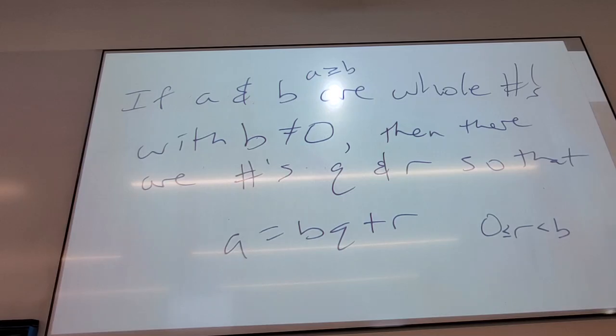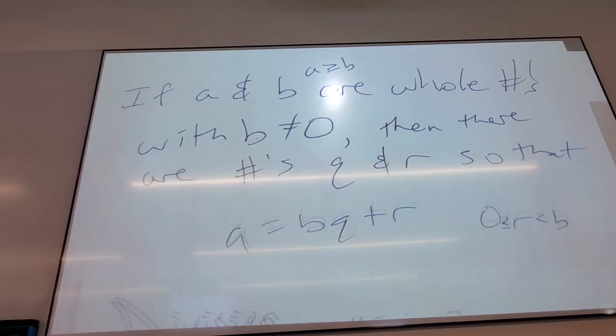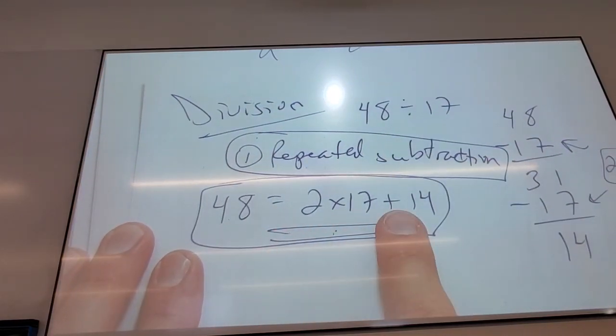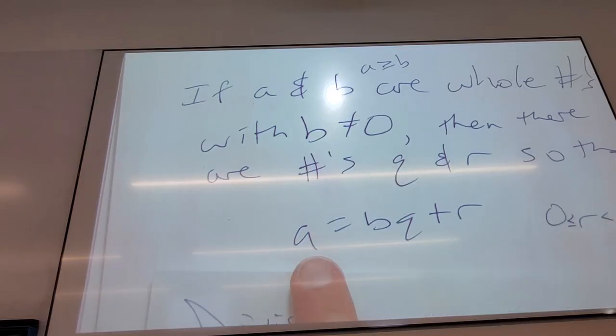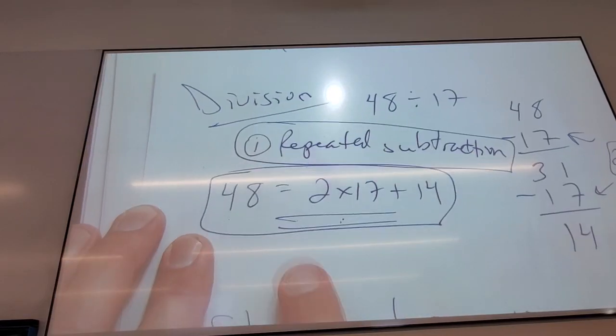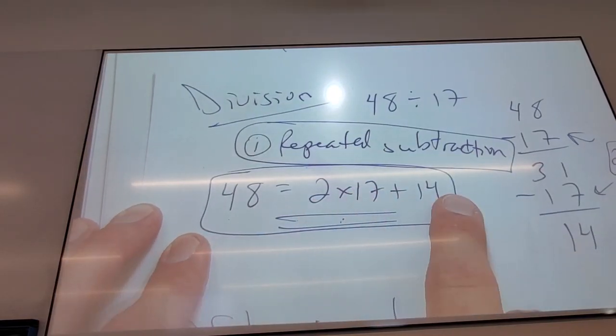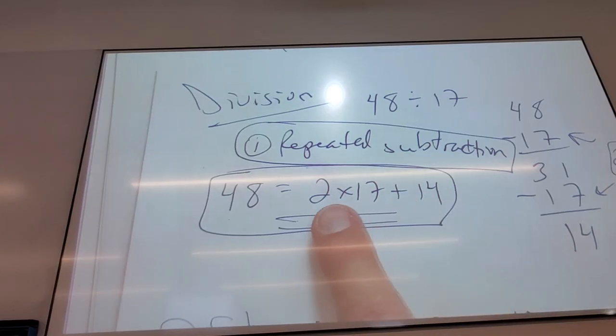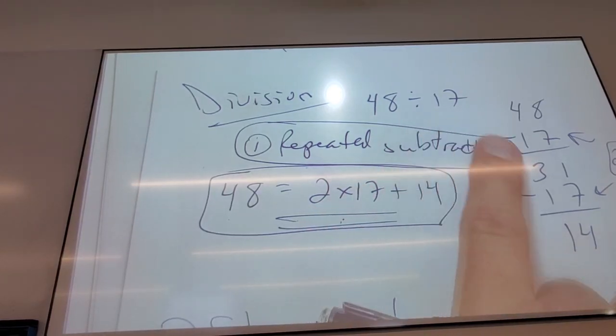So this is exactly what we did earlier when we did this guy here. Do you see how a equals bq plus r? 48 equals 2 times 17 plus 14. 14 is the remainder. 2 was the quotient. That was the main answer. That's what the q means.